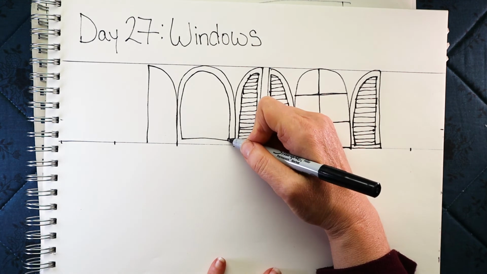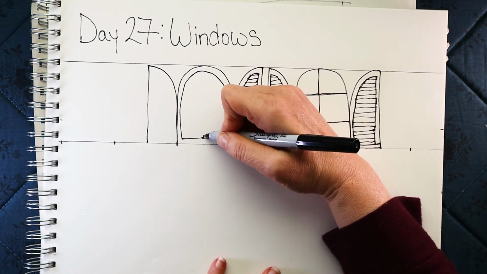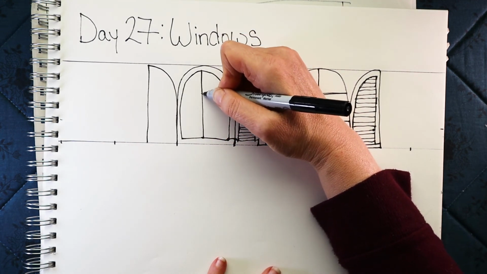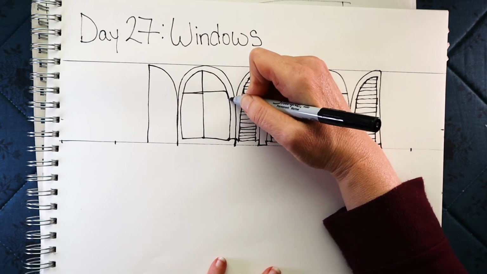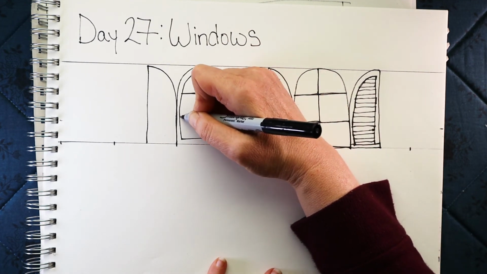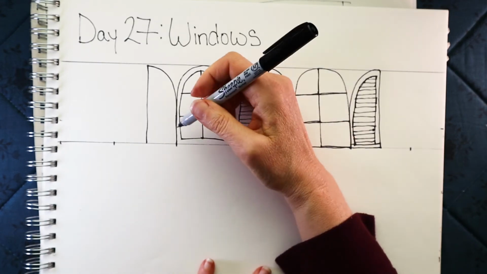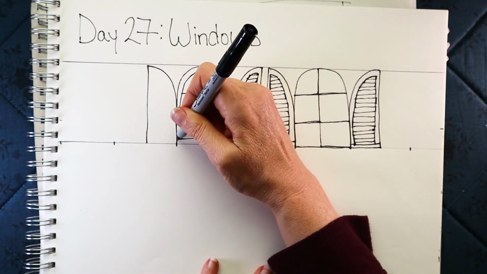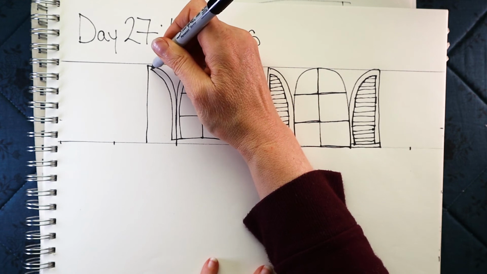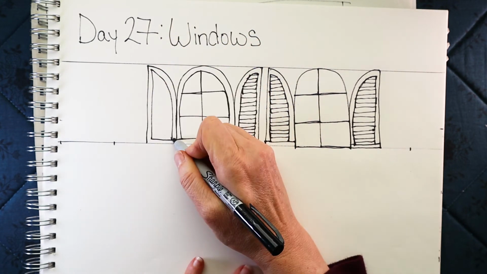So it's just a slightly different effect, but it creates the look that you've got a window frame around your window rather than this one that has no frame. Okay, so that's it. I'll just do my final shutter.